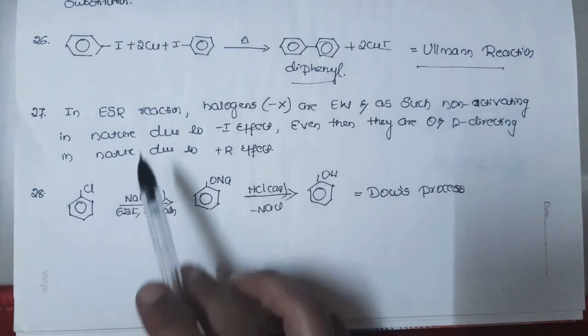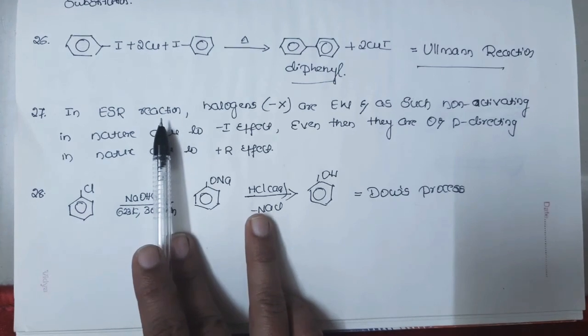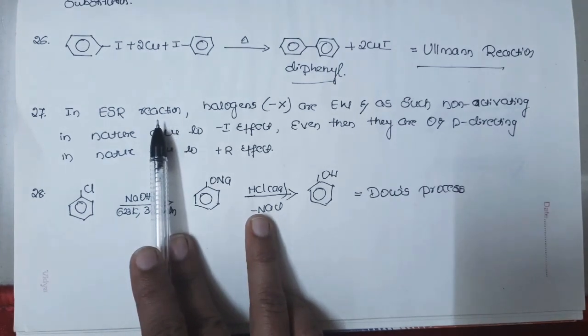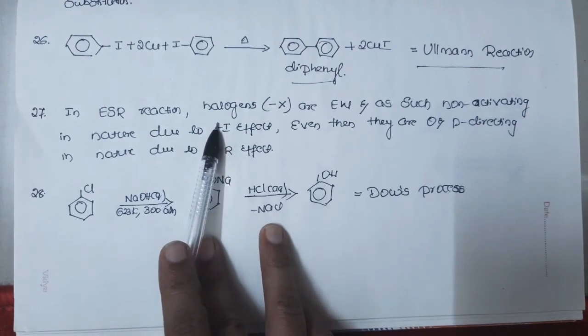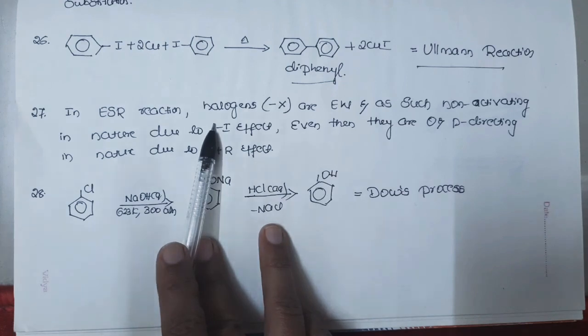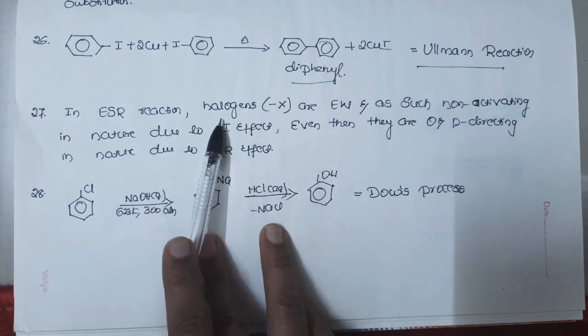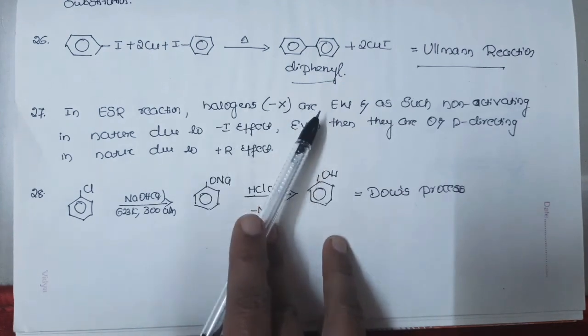Okay, now in electrophilic substitution reaction, the haloarenes will readily undergo electrophilic substitution reaction. Okay, so halogenation, nitration, like so many reactions, sulfonation. So in that case, halogens are electron withdrawing groups.